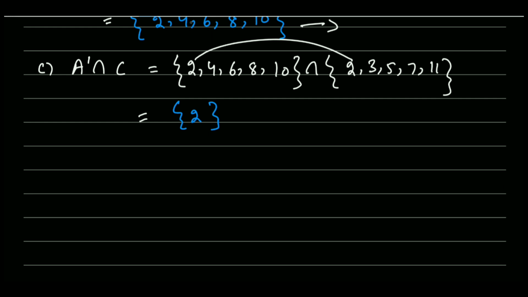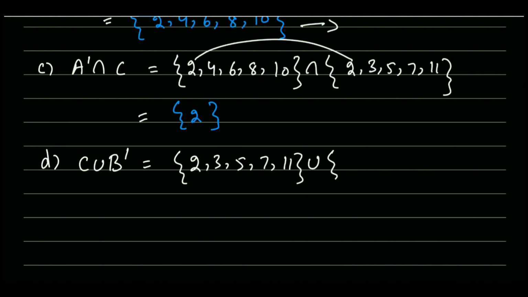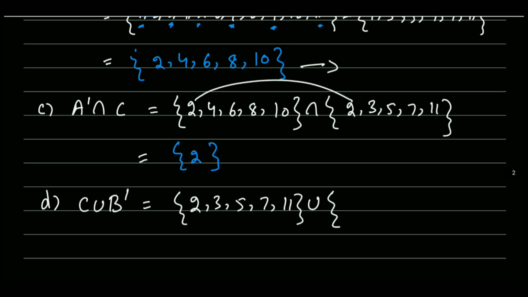So if the question is asking to write C union B complement, first of all write the C set: 2, 3, 5, 7, 11, union B complement. B complement means U minus B. So we can find it here.